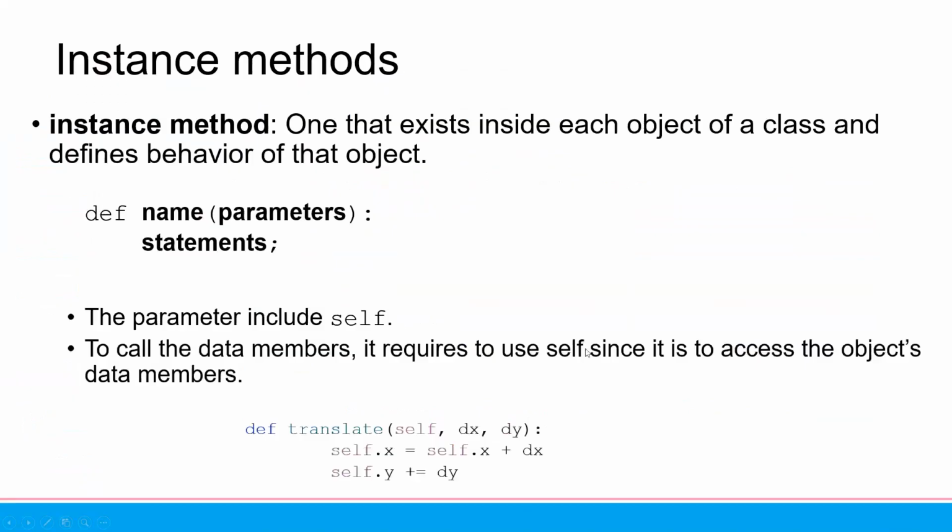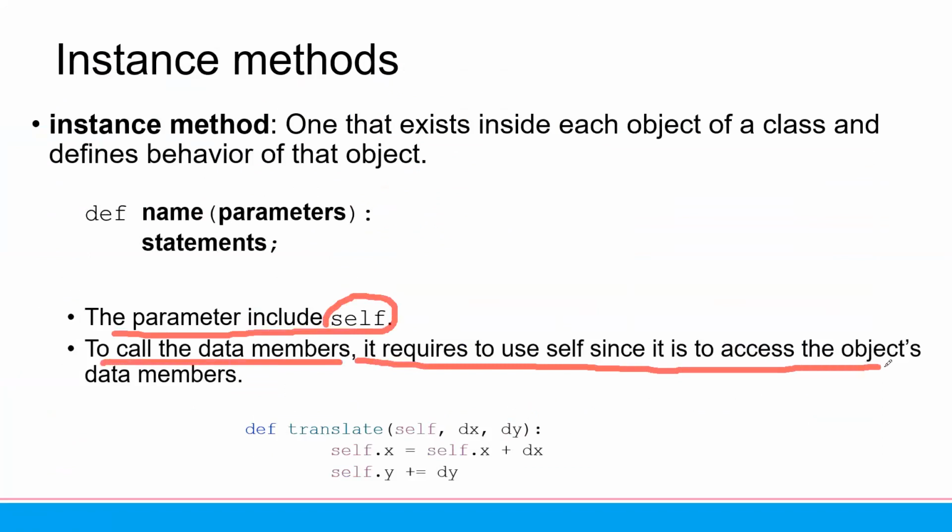When we have the instance method, we need to have one parameter which is self. And to call the data members, it requires to use self, since it is to access the object's data members. So this is necessary because whenever you call the data members, what are the data members?